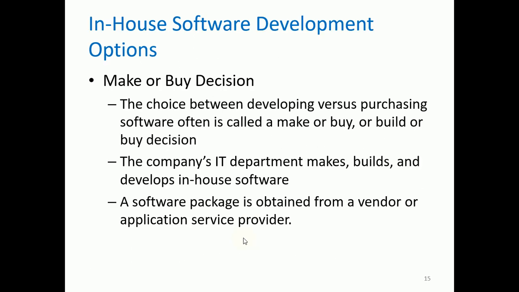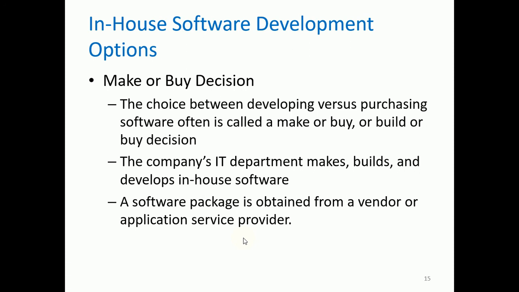Okay, next, aside from outsourcing, we have the in-house software development option. So it's either a make or buy decision. In-house means that you have an IT department in your company. For make or buy, are you going to make your own software or are you going to buy software from a vendor?